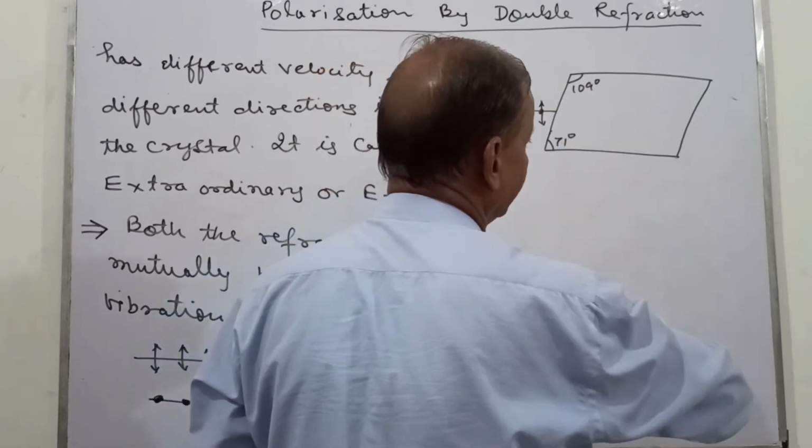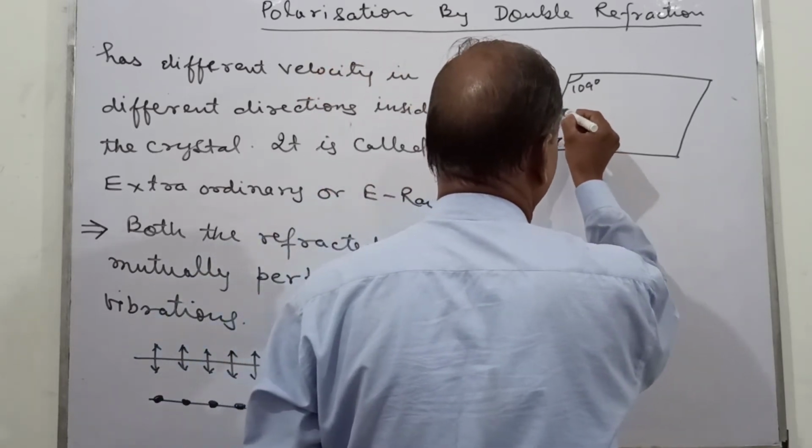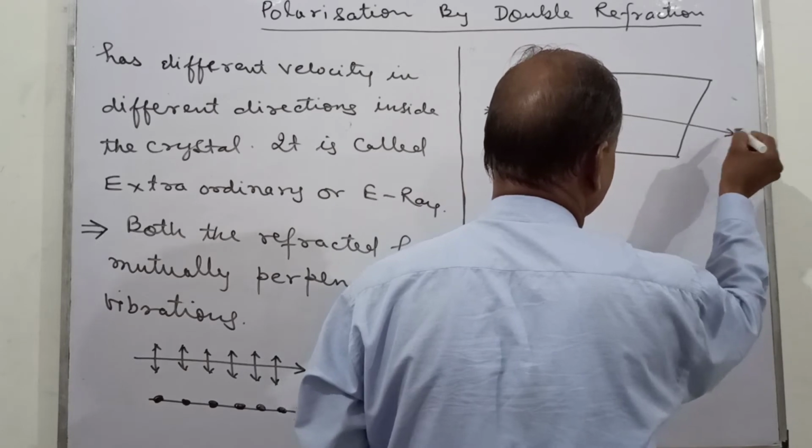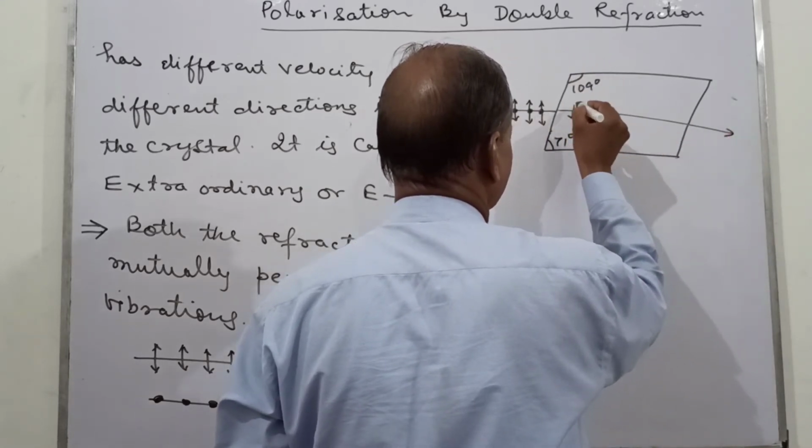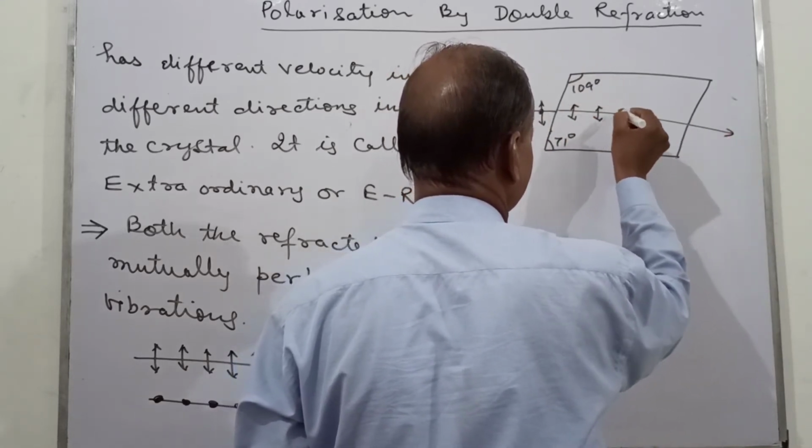Now this is divided into two parts. One is like this, it has only the arrow vibrations.